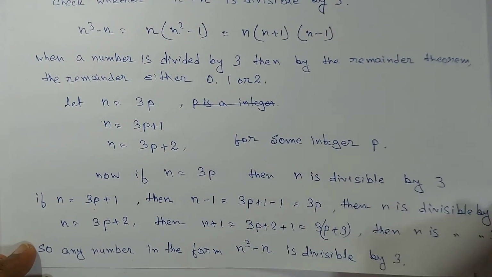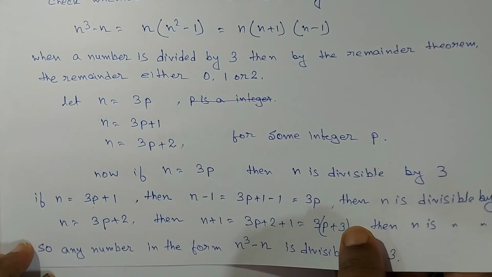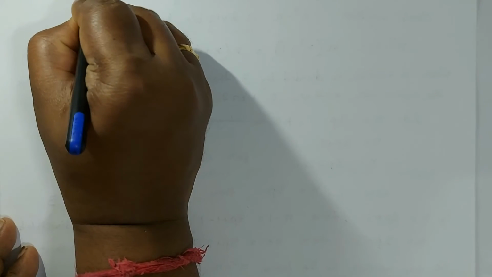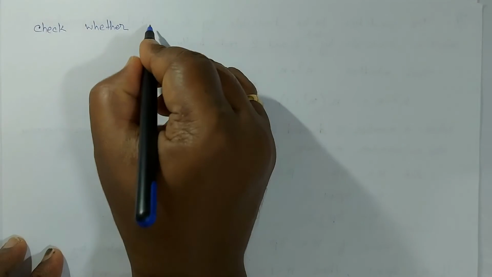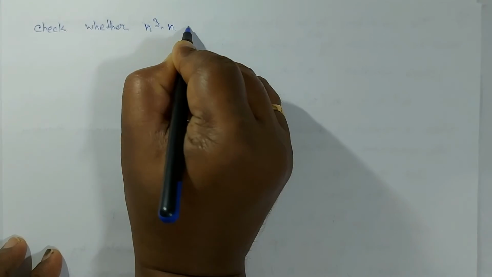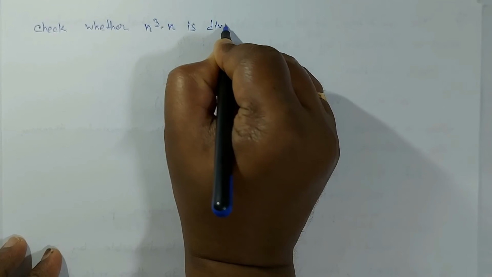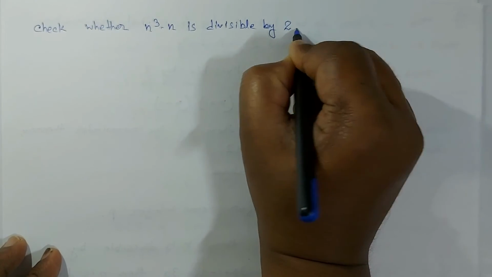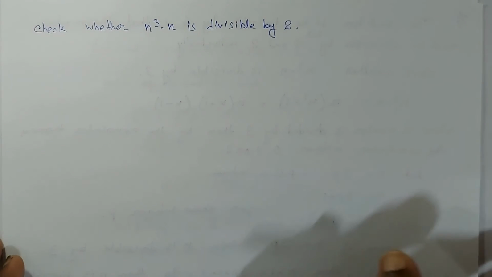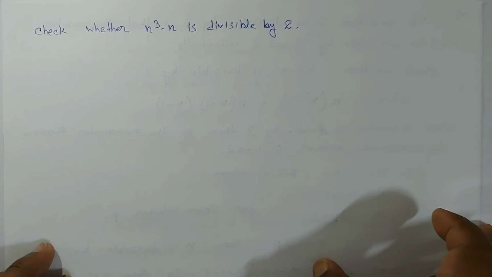Now we need to check whether n cube minus n is divisible by 2. Okay, so let's check it.